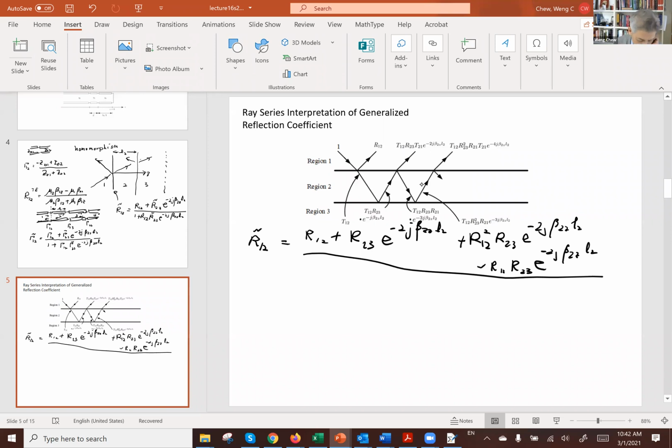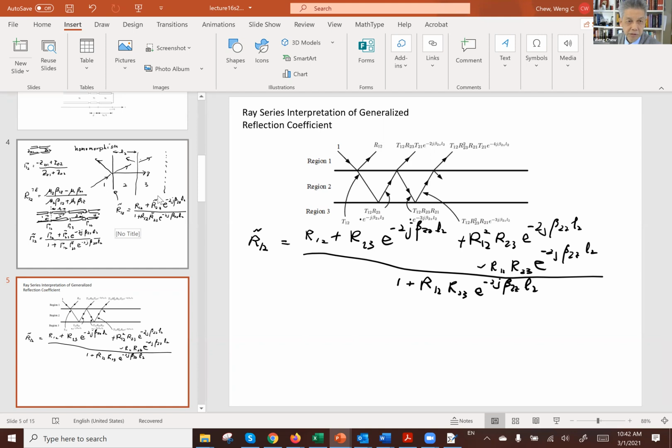The denominator remains the same, 1 plus R12 R23 e to the minus 2j beta 2z L2. Remember that I removed my tilde because I don't have a reflection from this layer anymore in this picture. So the R23 tilde goes away, and these are the entire numerator.